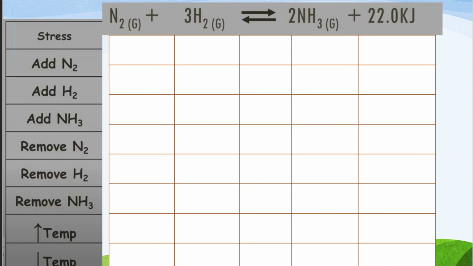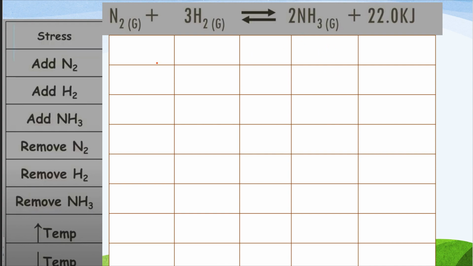This is a reaction that shows the formation of ammonia. Let's see what happens when you add additional stresses to the system. First of all, we're going to make believe this is in a closed system. Meaning if it was in an open system, gases could escape and you wouldn't be able to reverse things.